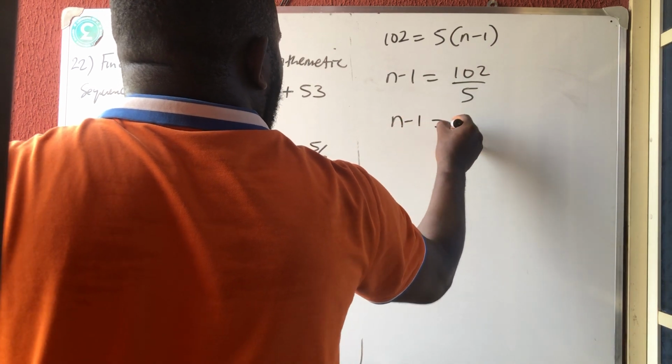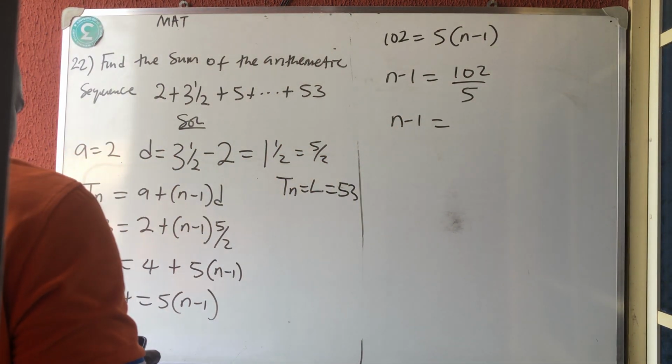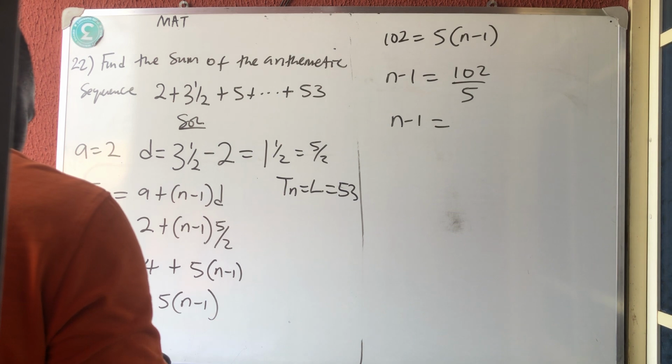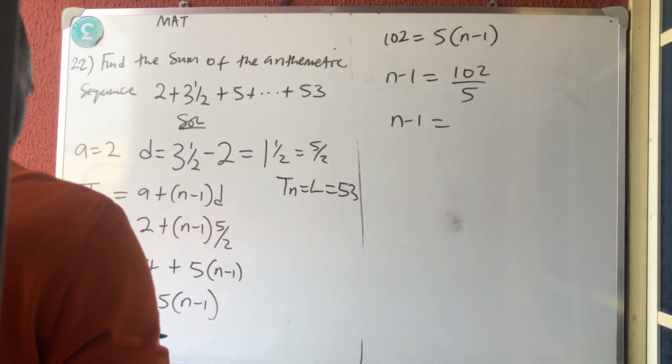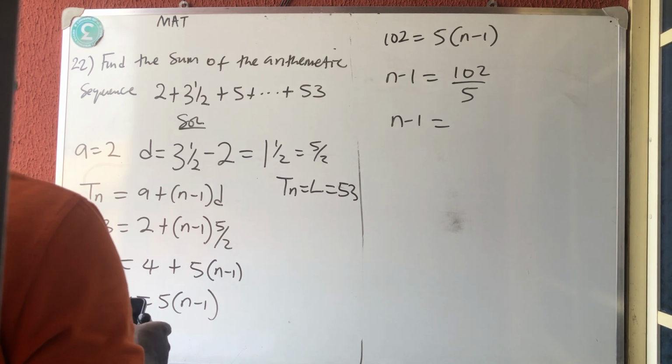So n minus 1 is equal to 102 divided by 5.